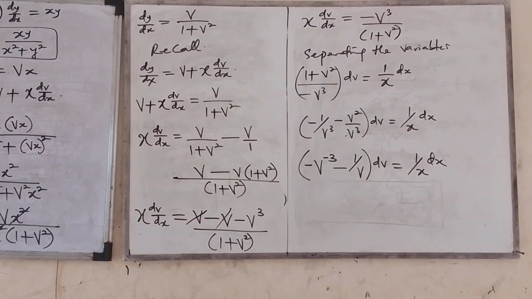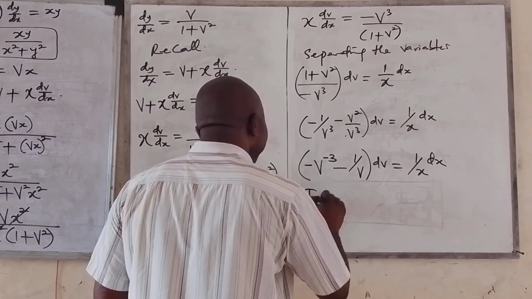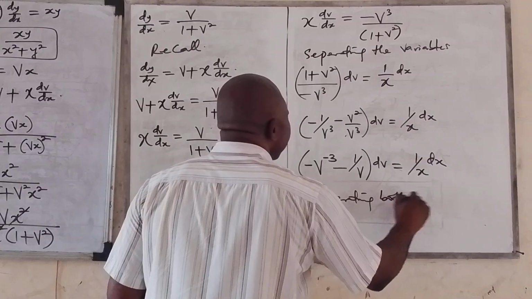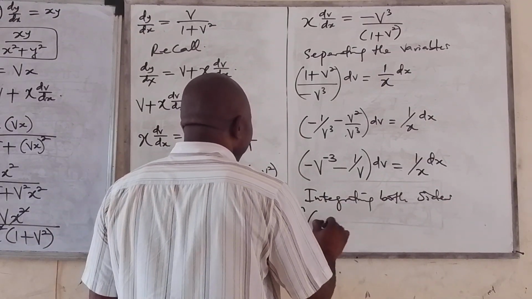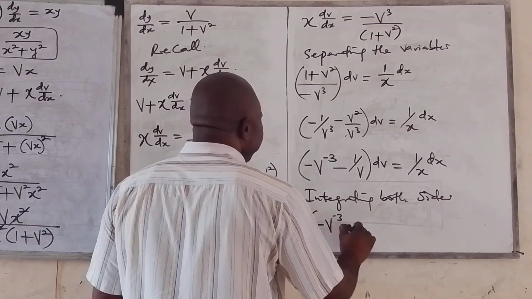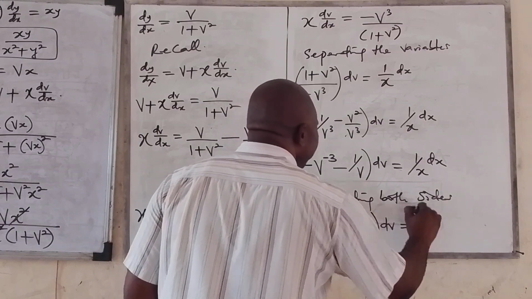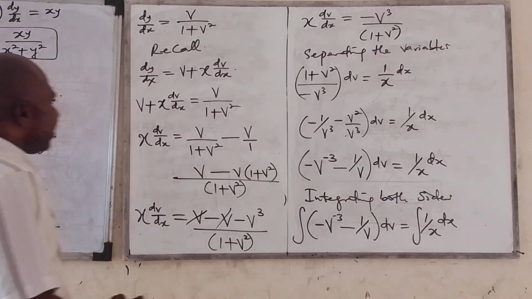So at this point, we are going to be integrating both sides. So integrating both sides, here we have integral of minus v to the power minus 3 minus 1 over v, then here we have dv is equal to integral of 1 over x, then here we have dx.